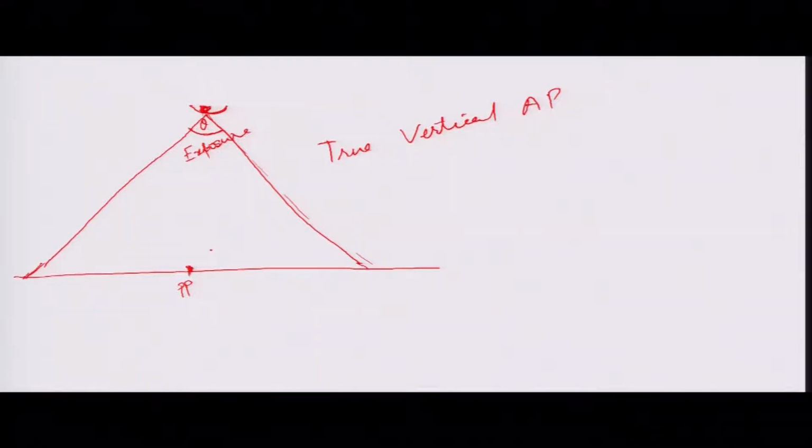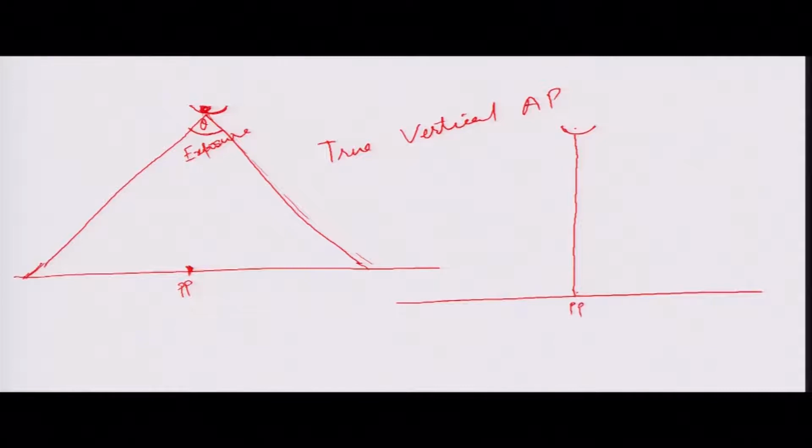What is a nadir point? Nadir point is a point vertically below the lens, camera lens. So when there is a true vertical aerial photograph, your principal point and your nadir point will coincide.